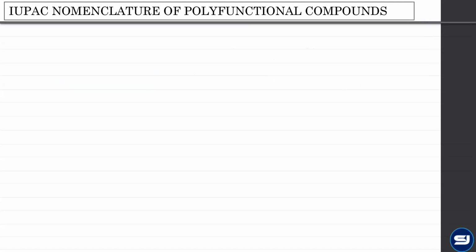Now comes the important section, the IUPAC nomenclature of polyfunctional compounds. Polyfunctional compounds are those which have more than one functional group.